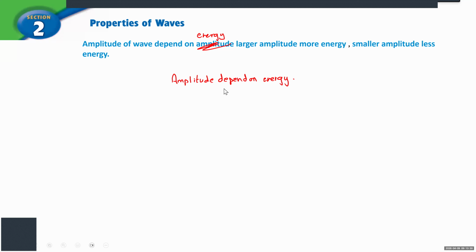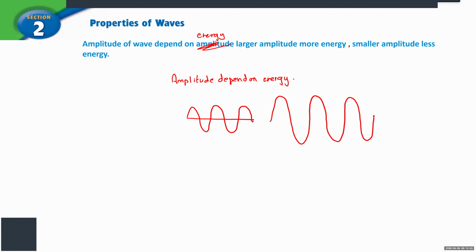For example, this is the first wave, and this is the second wave. Which has more amplitude? The first wave's amplitude is less, which means less energy.